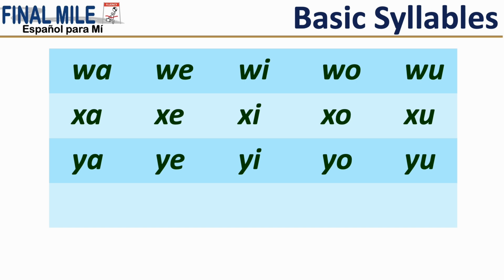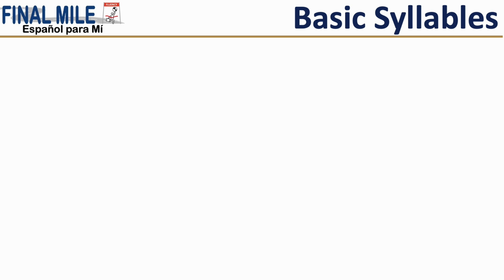Ya, ye, yi, yo, yu. And this is a regional sounding consonant, right? Most of the Spanish-speaking world pronounces it just like an S. Sa, se, si, so, su. With the 8% in Spain pronouncing it slightly differently.